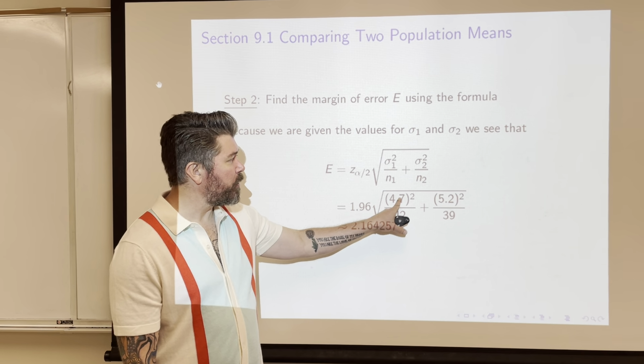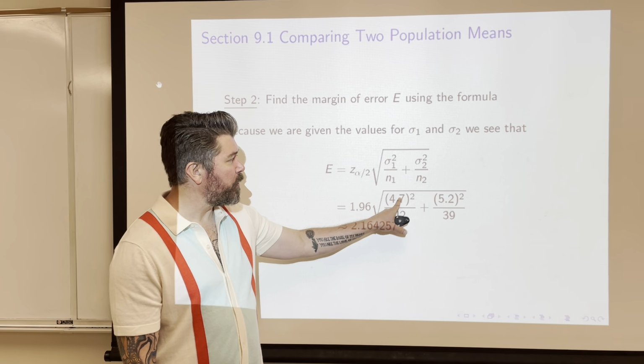Finally, our n1 is the sample size of our freshmen, and we saw that we sampled 42 freshmen. n2 was our sample size of seniors, and we saw that in the problem we sampled 39 seniors. Using our calculator, we get 2.164257. Putting this together, our lower endpoint is our step 1 value minus our error, which is step 2, and we get approximately negative 10.2.